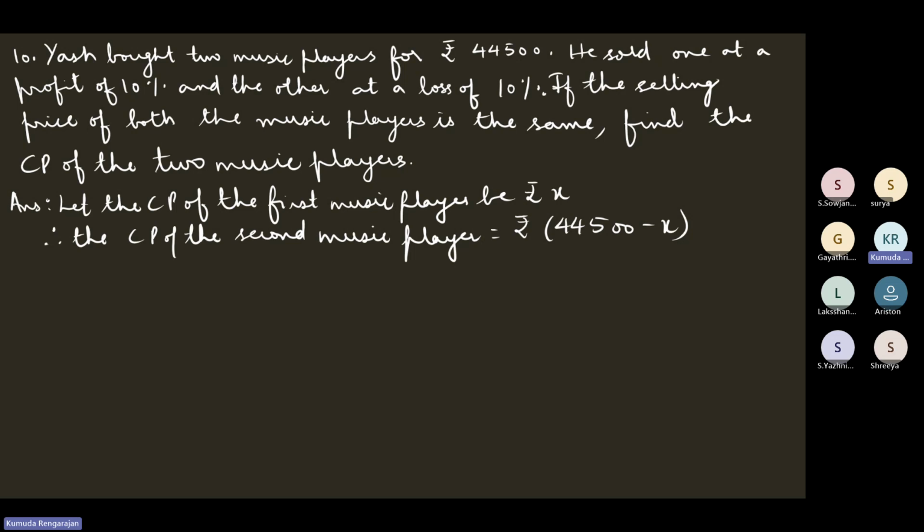On equating that, you will be solving for X, and you'll be able to find the value of X. With that, you can find the CP of the 2 music players. Yeah, do that, children.